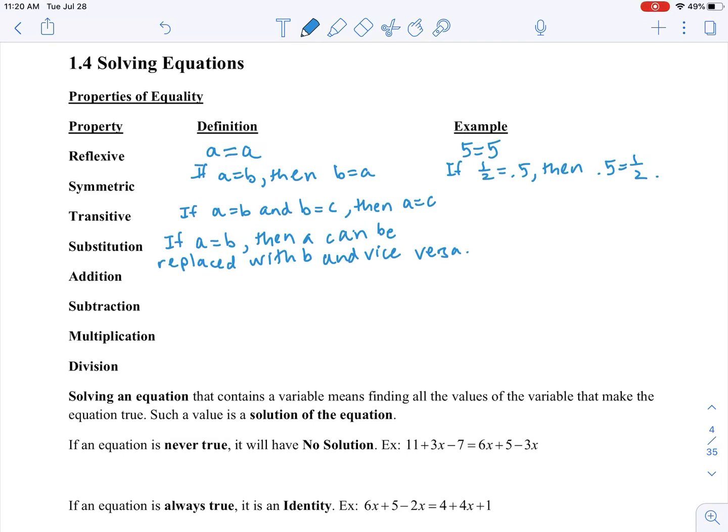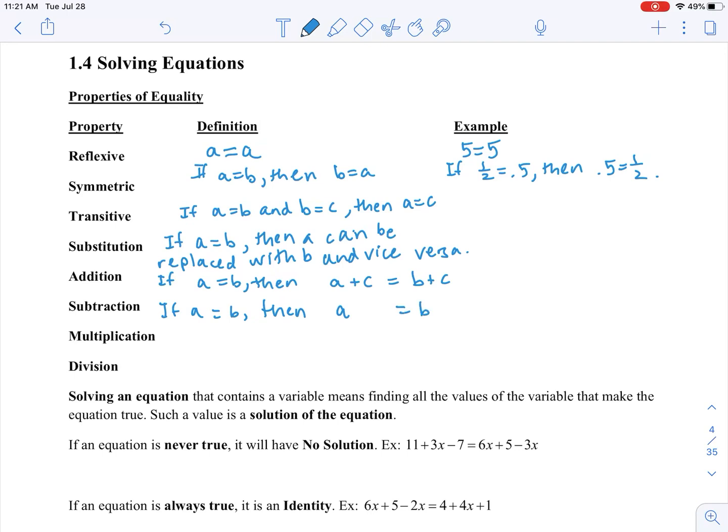Addition property of equality allows us to add two values that are the same to both sides and still yield an equation that is equivalent to the initial one. So if I have A equals B, then I can add the same quantity on both sides and we would still have an equation that's true. Same thing for subtraction, or you can even think of it as adding a negative on both sides.